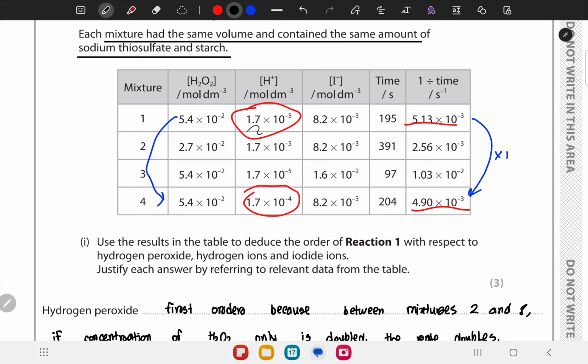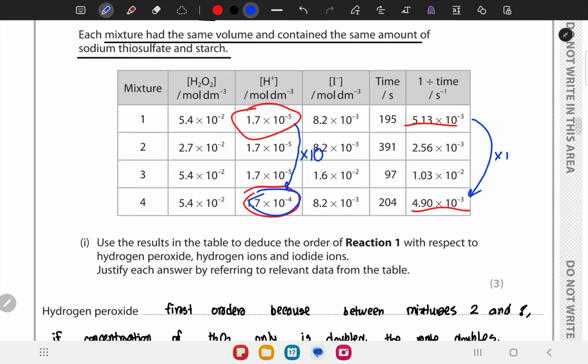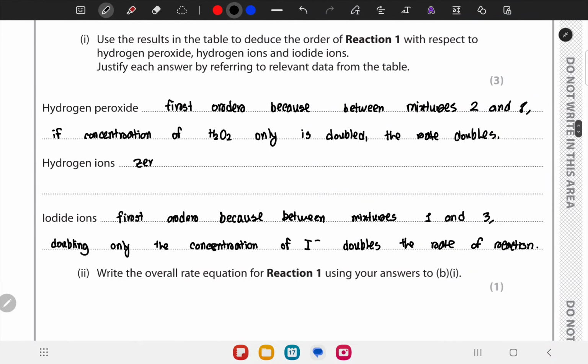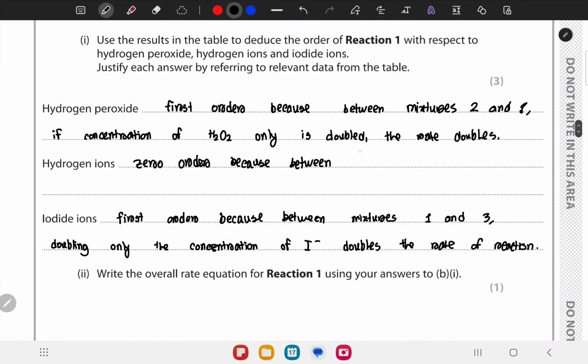If we change this 10 times, we're having 10 times more hydrogen ions in 4, so 0 order because there is no change, between mixtures 1 and 4.